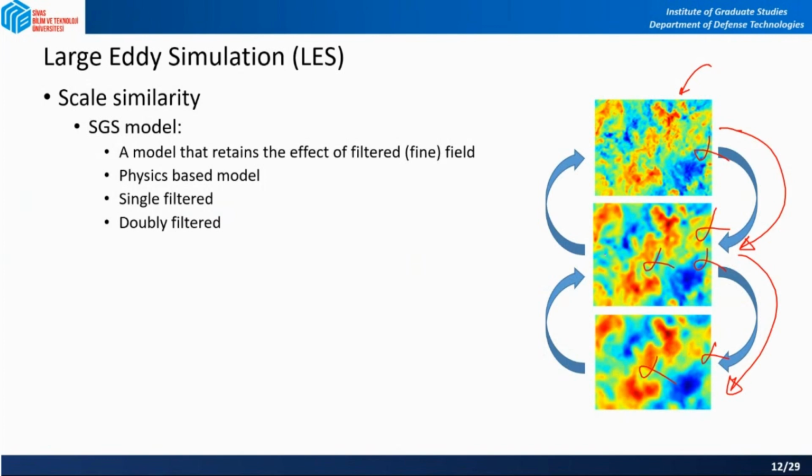So the scales change similarly between filtering operations. This is called scale similarity. Understood? Yes, I guess. Okay. So we will continue with some of the mathematics of filtering operations.